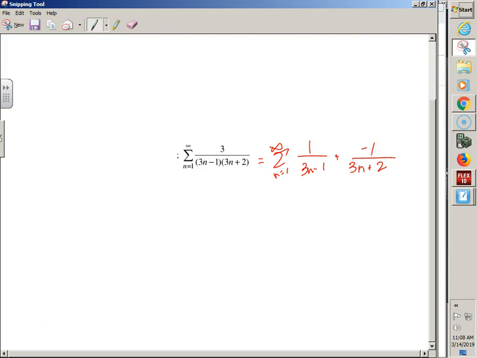Why is it telescoping? Do you see the positive, negative, positive, negative? So if we were to start expanding it, were they asking for the sum or something like that? Because if it's telescoping, we can find a sum. The sum. Oh, they even tell you telescoping. That's nice.